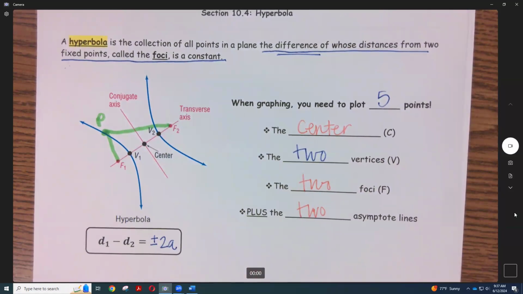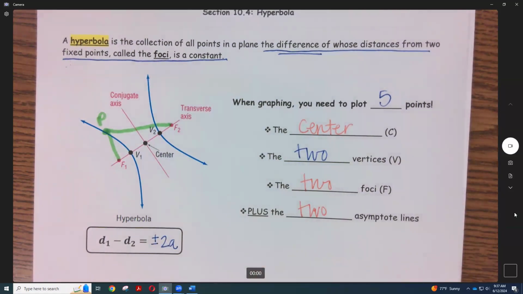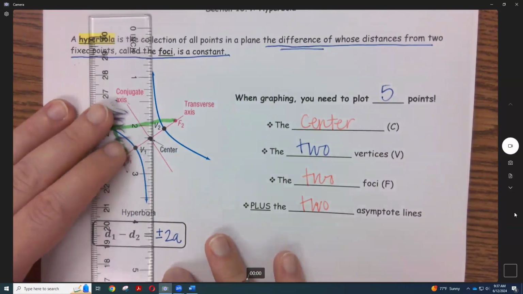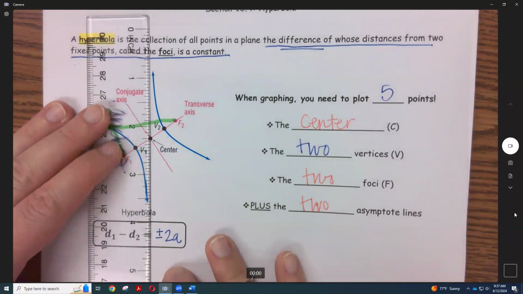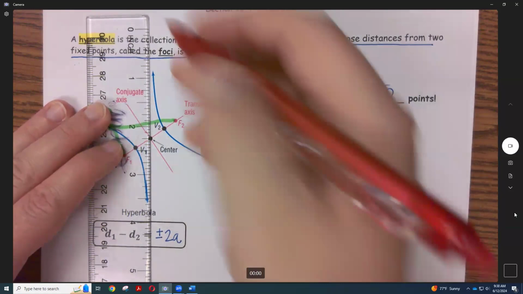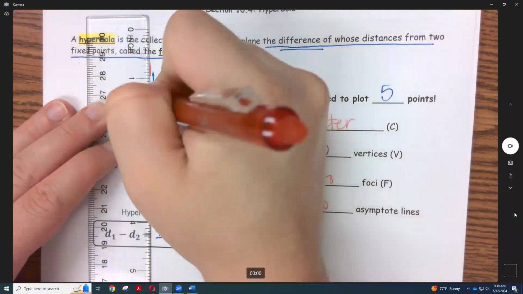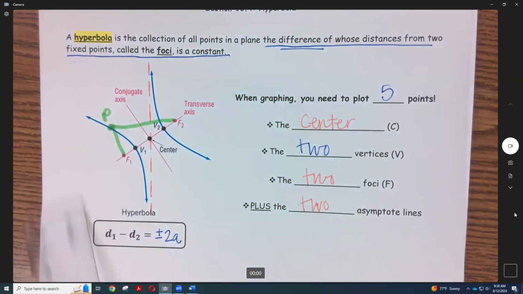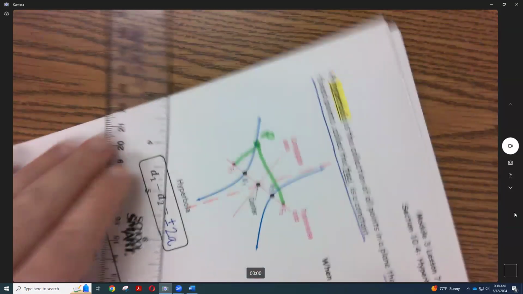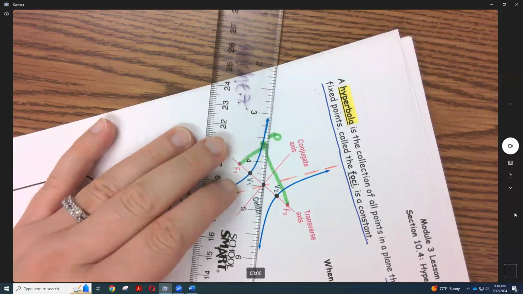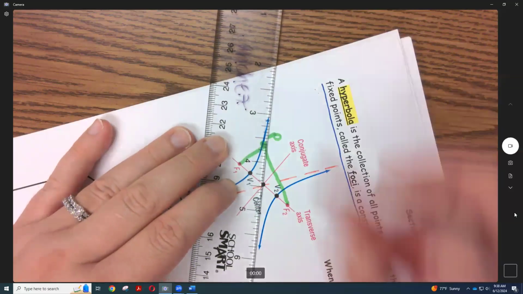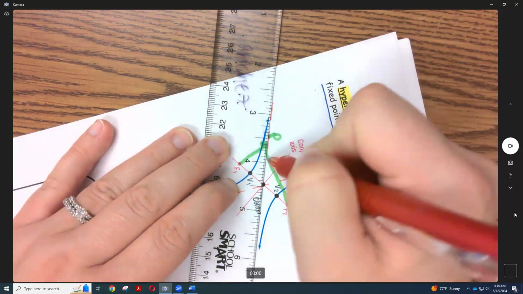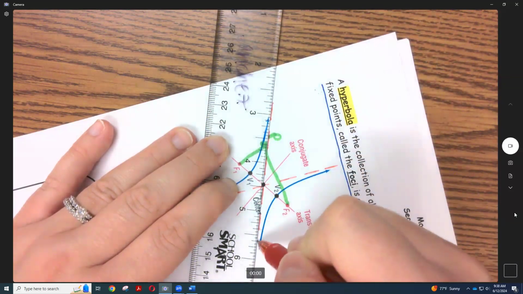asymptote lines. They're not drawn in here, and this is going to get a little crazy looking. But we have 2 oblique asymptotes here. If I go through the center, there's one asymptote, and here is the other one.